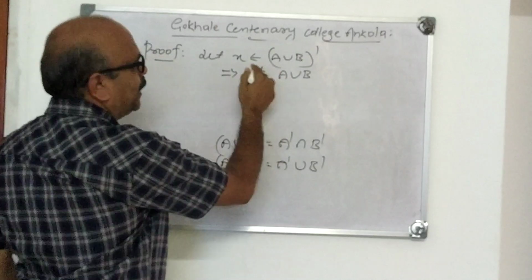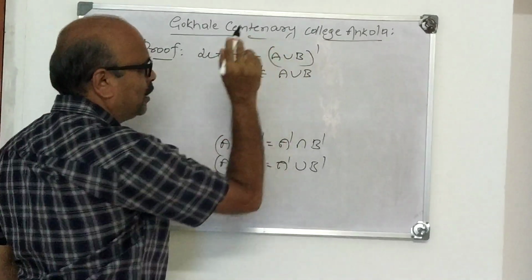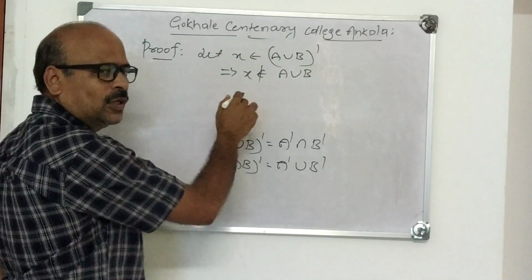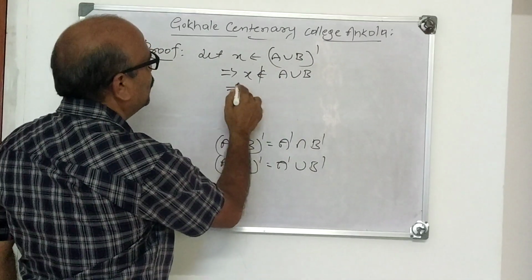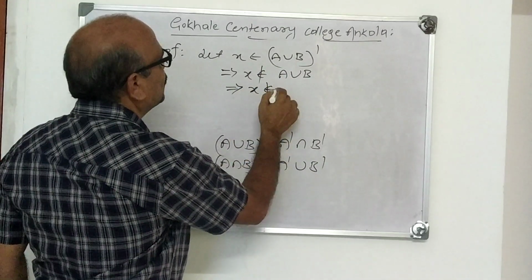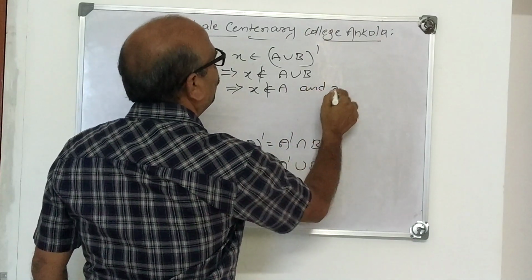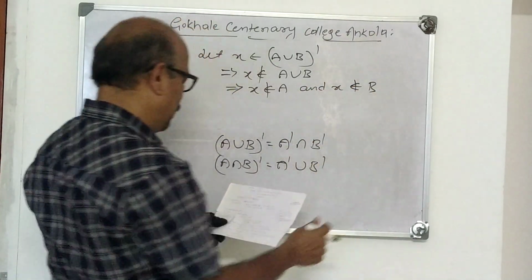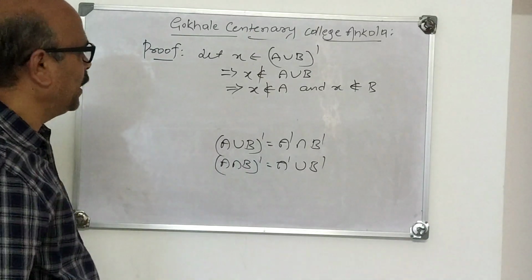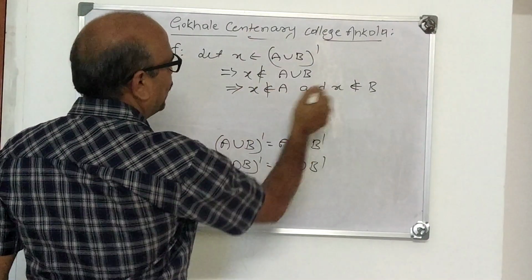X belongs to (A union B) complement means x doesn't belong to A union B. This implies x doesn't belong to A and x doesn't belong to B.